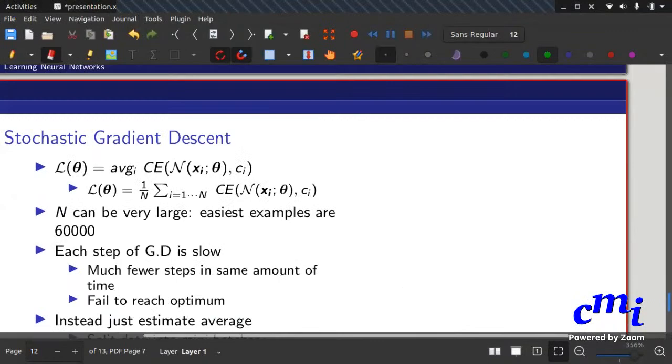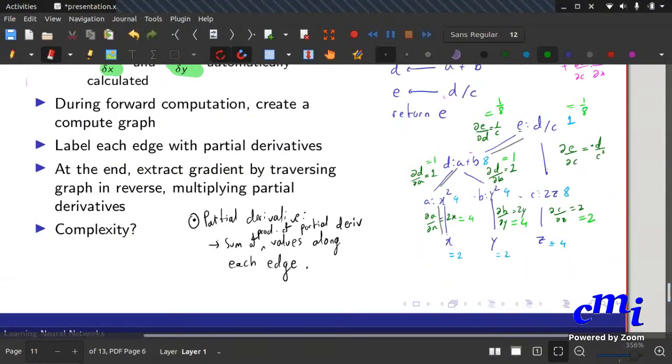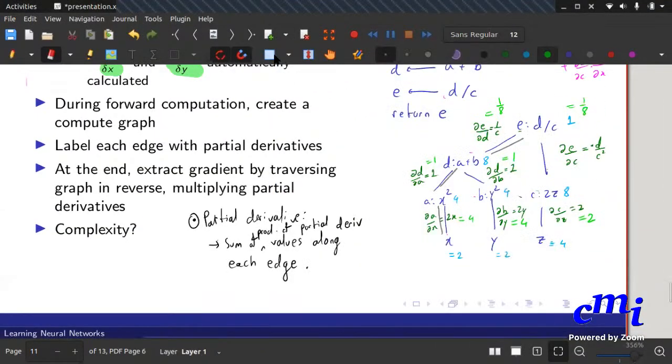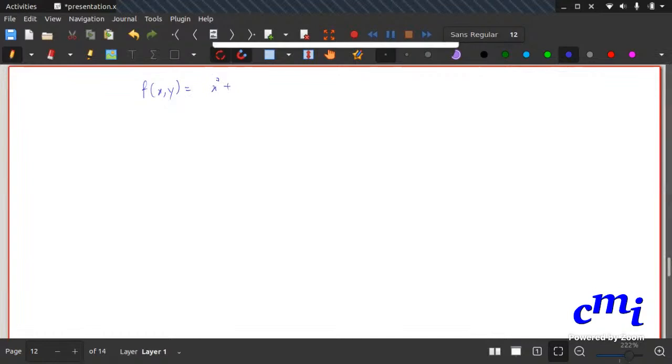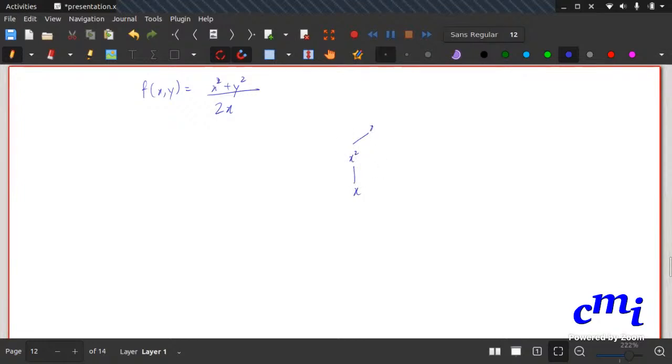So let's do another example. If we have something like, let's say, this is another proposal that we had. So again, this will be x squared plus y squared.